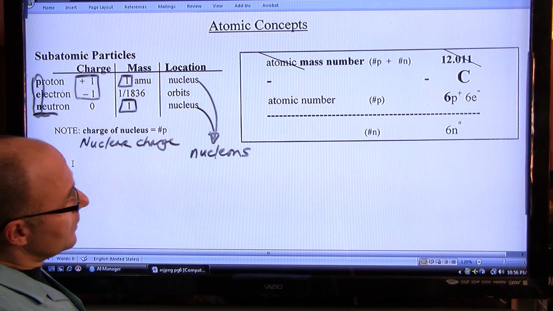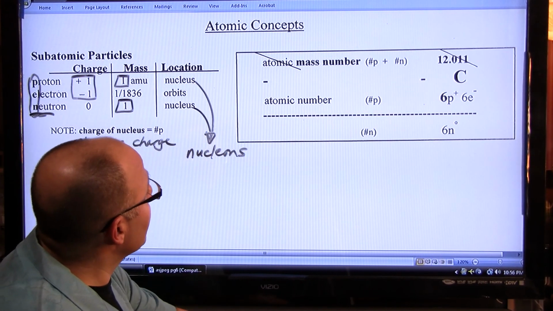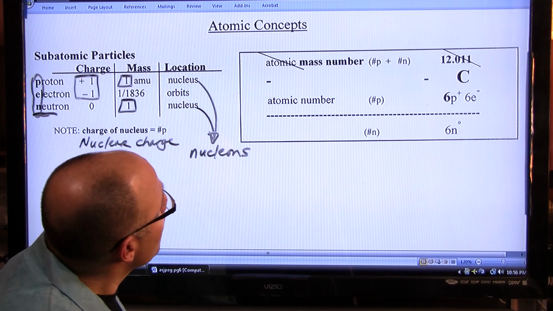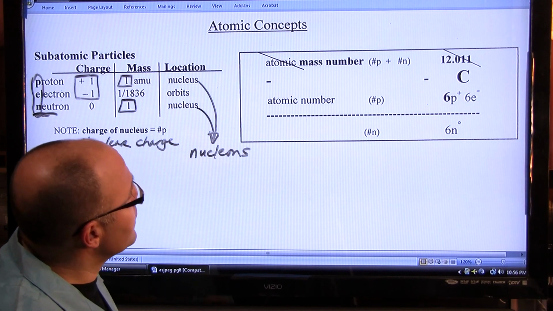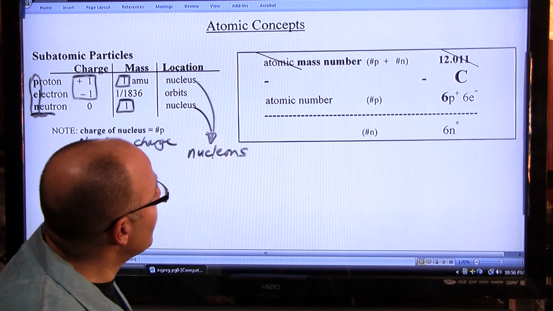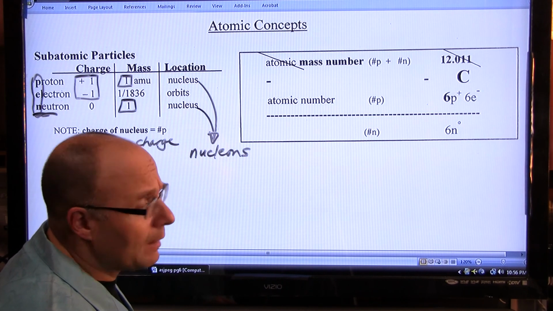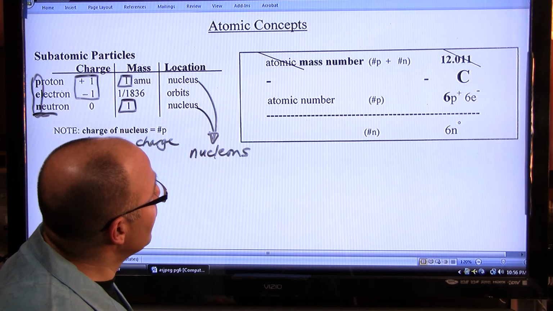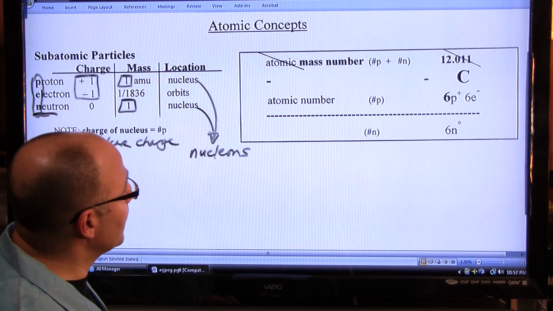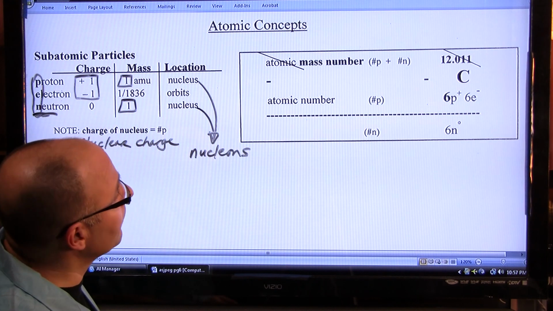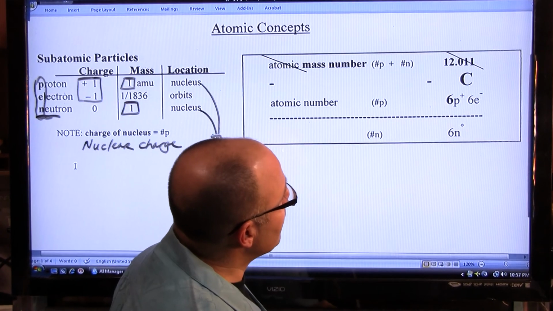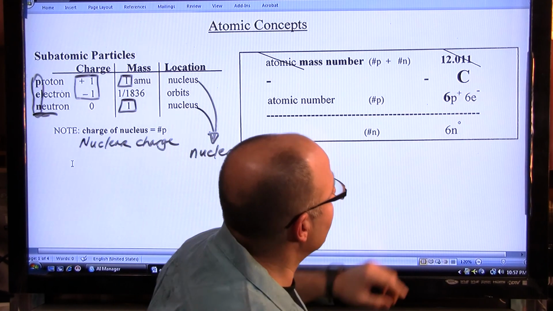Now, let's see how we can get the PEN, the pen for any atom. Beginning with the key element carbon up on top, you'll notice that the atomic mass of carbon is 12.011 AMUs. Now that is an average, or a weighted average atomic mass. If you wanted to get the mass number of the most common isotope of carbon, and we'll talk about isotopes in a second, what you do is you take this 12.011 and you round it off to the nearest whole number, and that's why I've crossed it out like this.